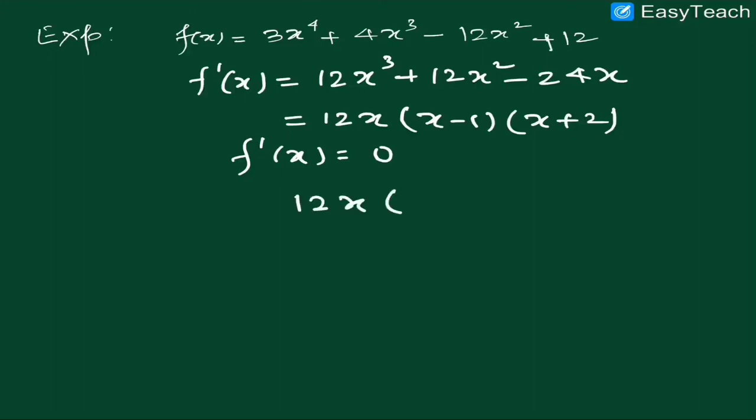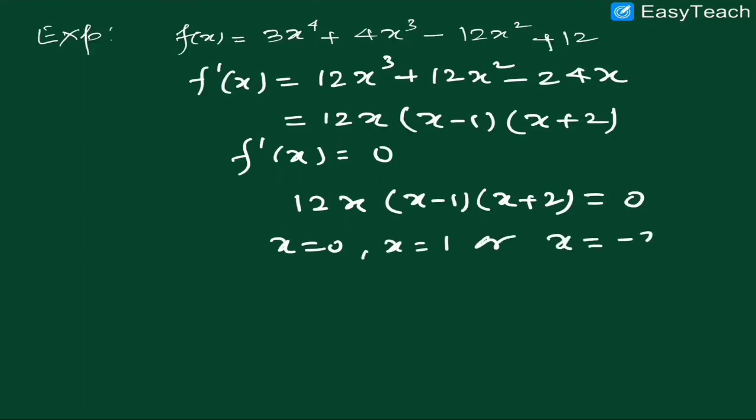Now equating f dash x equal to 0, we get 12x into (x minus 1) into (x plus 2) is equal to 0. So we get x is equal to 0, or x is equal to 1, or x is equal to minus 2.